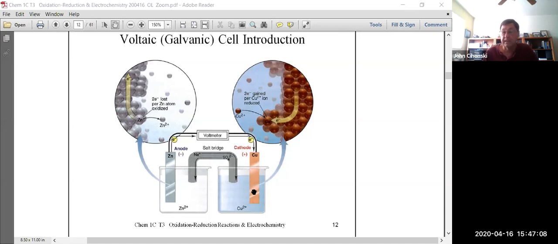And it turns out that place is on copper 2 ions. So those copper 2 ions, as we see here, they will come to the surface of the copper bar. The electrons will flow through to the copper 2, and that copper will be reduced, right?